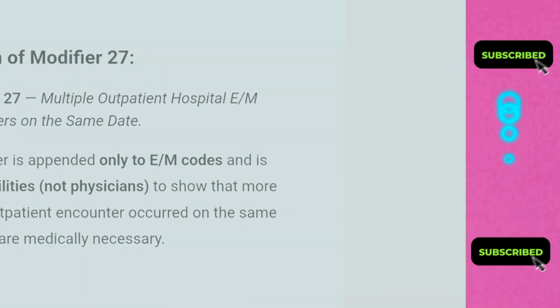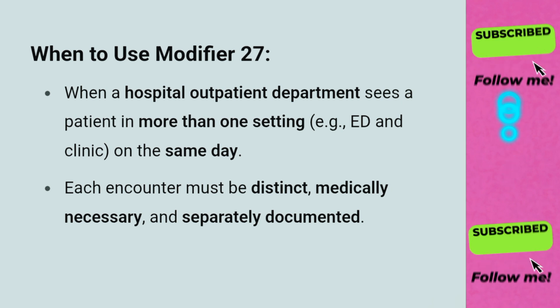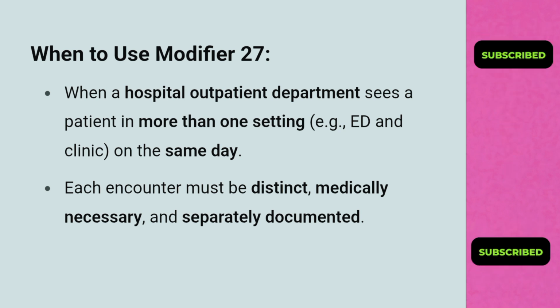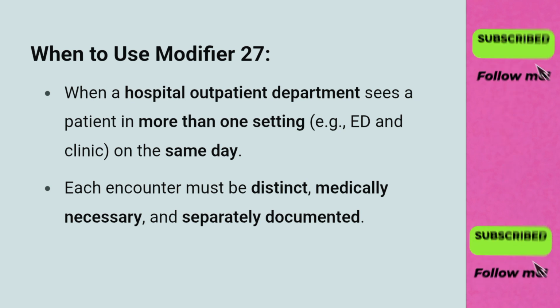So here we go with when we can use modifier 27. When a hospital outpatient department sees the patient in more than one setting, ED, emergency department, and clinic, on the same day, each encounter must be distinct, medically necessary, and separately documented.